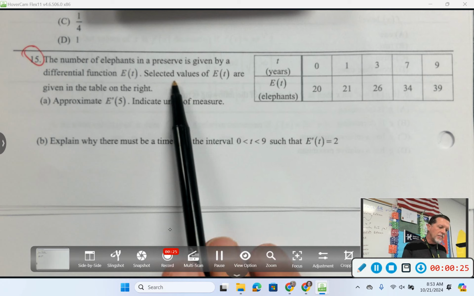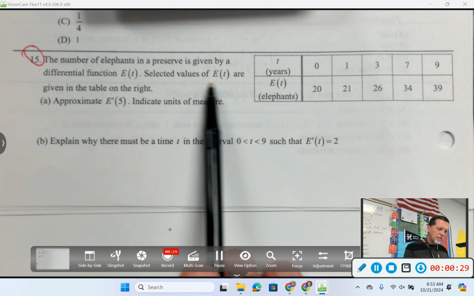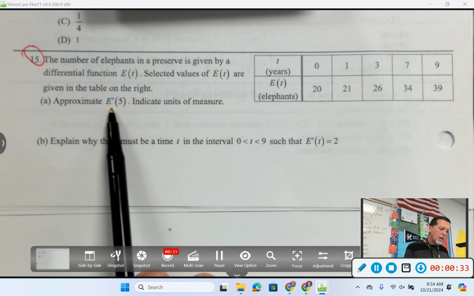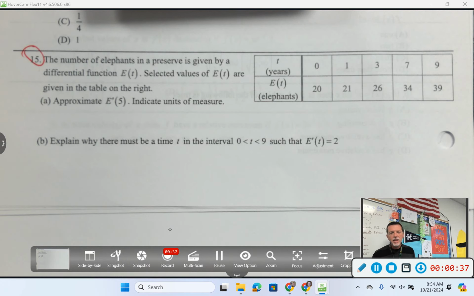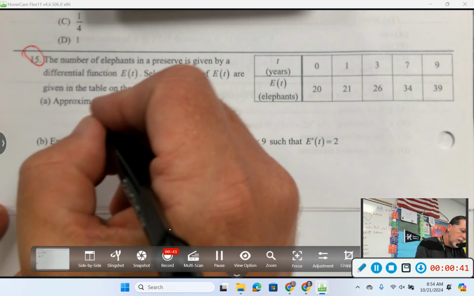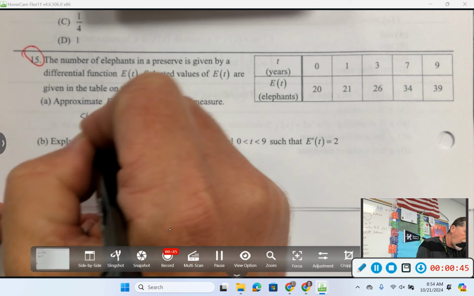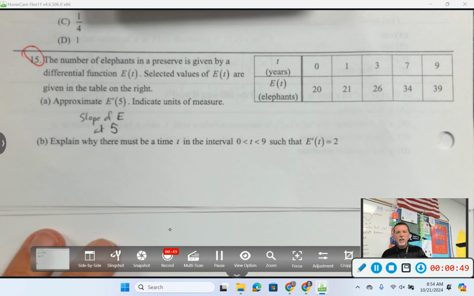The number of elephants in a preserve is given by a differentiable function e. Selected values of e are given in the table on the right. Approximate e prime at 5. E prime, so that's the derivative of e, or the slope of e, at 5.